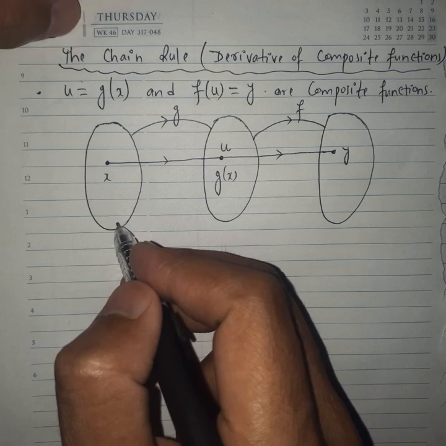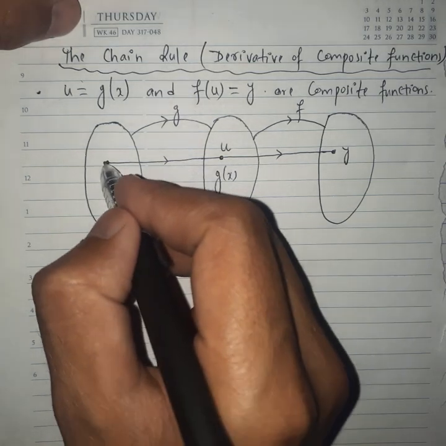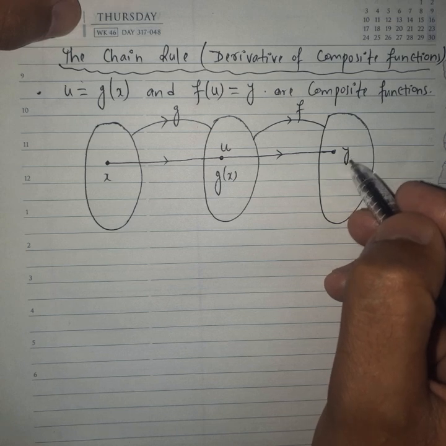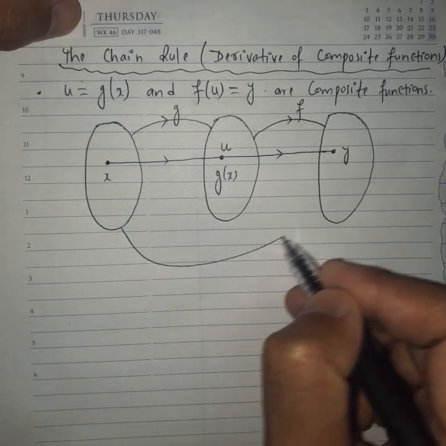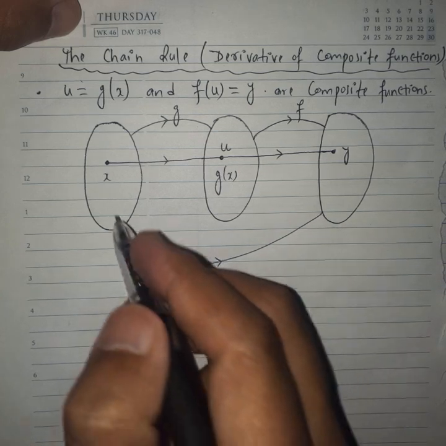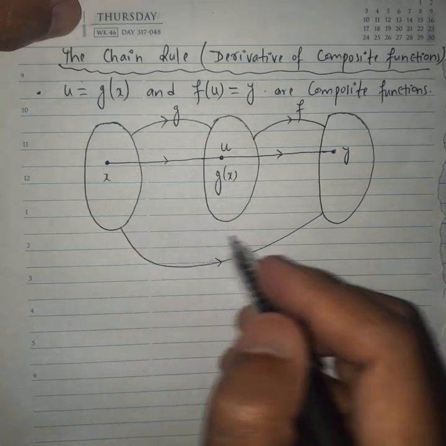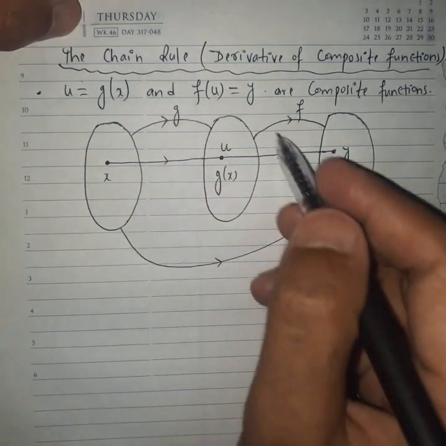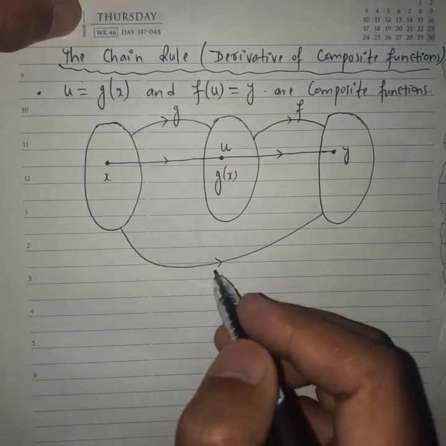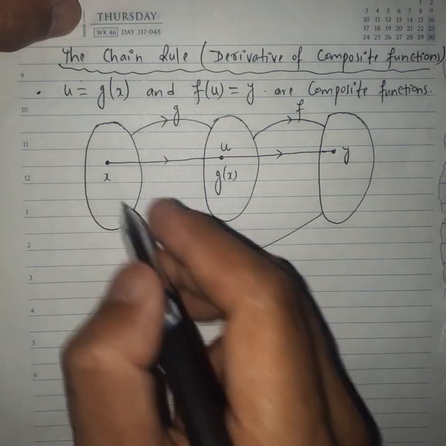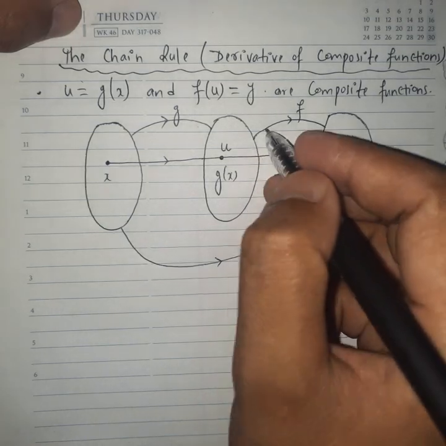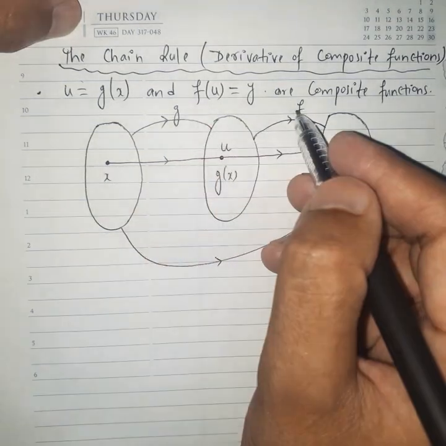And let's make a composite function by taking x as an input and producing the output y. From the first balloon to the last balloon, let's make a function. It is called the composite function. It is formed by taking these two functions, so it is called the composite function. Here this function takes x as an input and produces y as an output, and it is formed by the functions g and f.